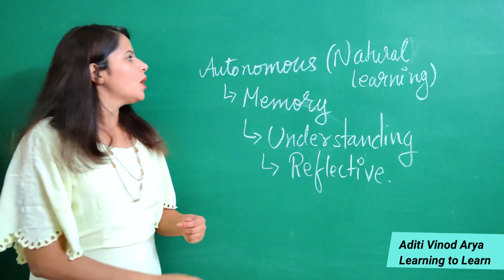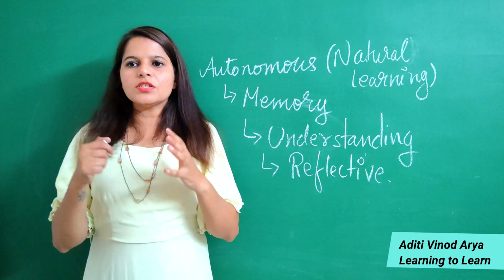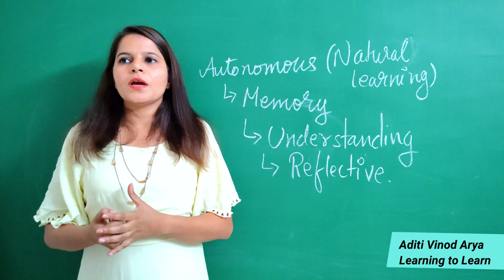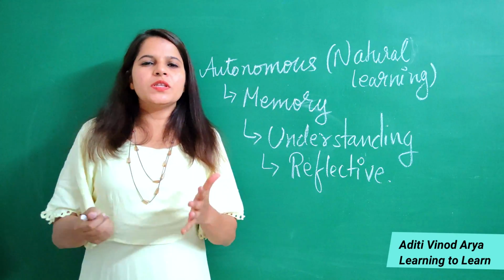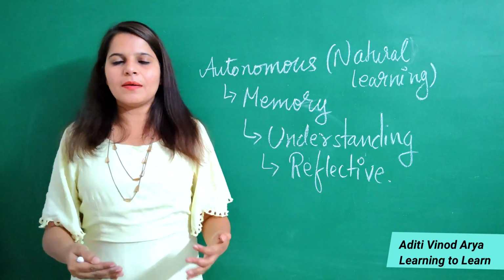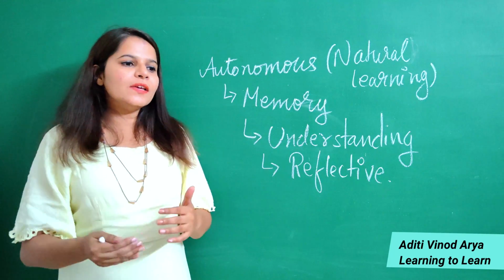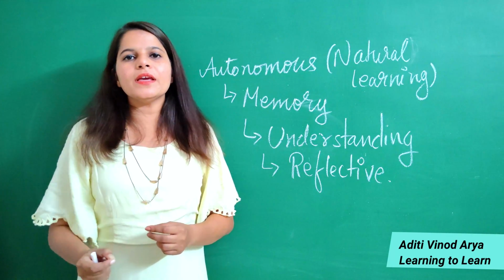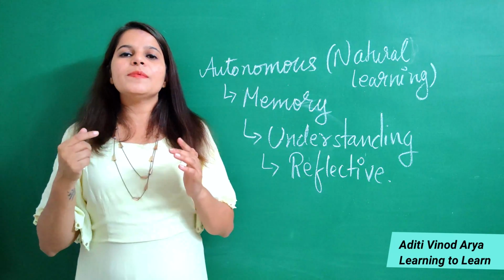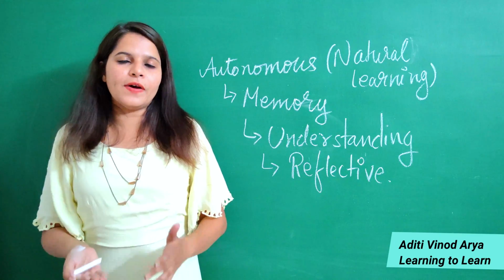Okay, now autonomous level is also known as natural learning because suppose there is a very small kid, within 1 year of age, and you leave him in the jungle. You should not, this is just an example to make you understand the autonomous level. He will still be able to survive, he'll be able to adapt to his environment, he will observe and learn.